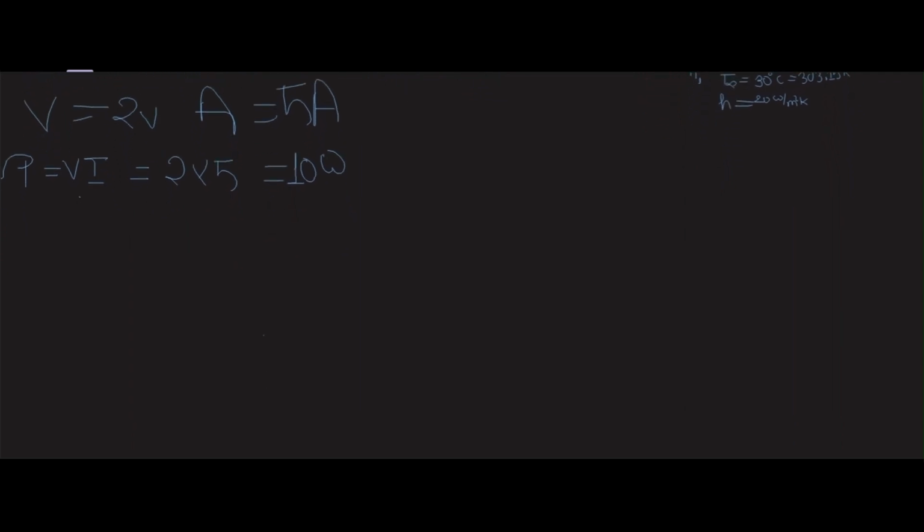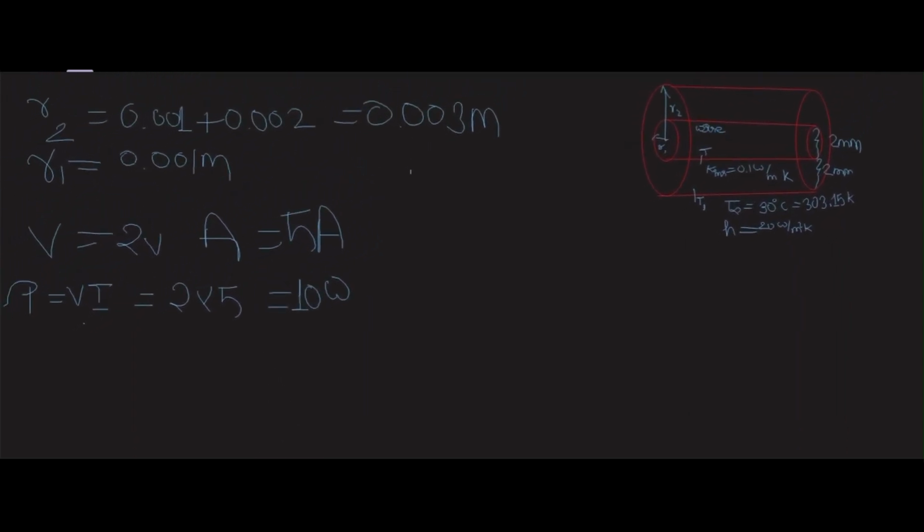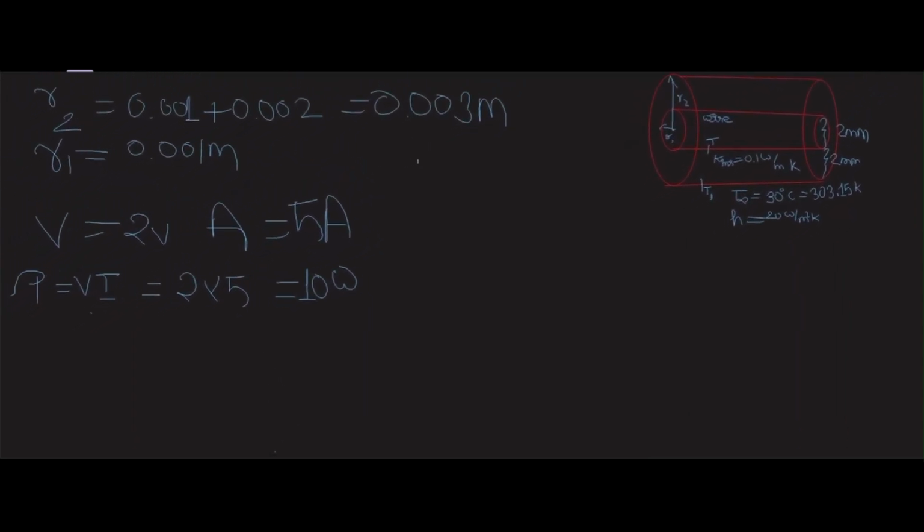which is converted into heat. So now we need to calculate the heat transfer from the wire to the environment, which has insulation. So we write the formula. The symbol of current is I. Now we need to calculate which area is used.